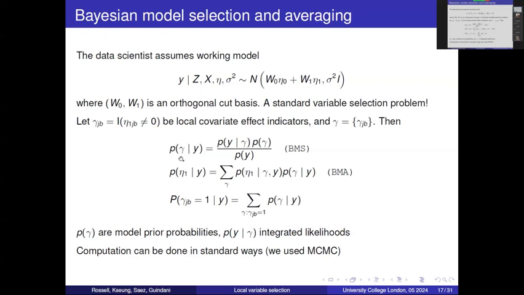And the beauty is that you can get things like the posterior probability of a model. In particular, the posterior probability that this gamma JB, an indicator for this eta 1 JB, quantifies the local effect of covariate J in region B. So you can get the posterior probability that this local covariate effect is non-zero, given the data, using the standard Bayesian formulas.